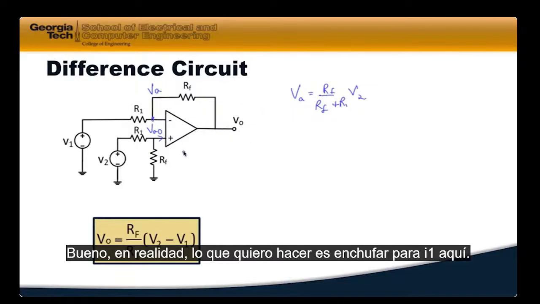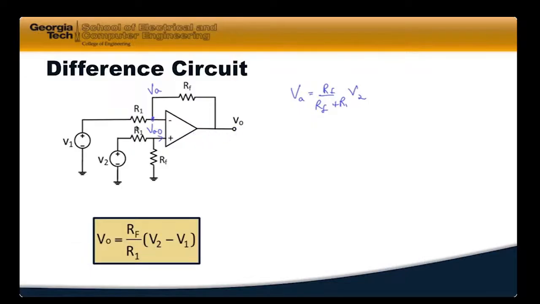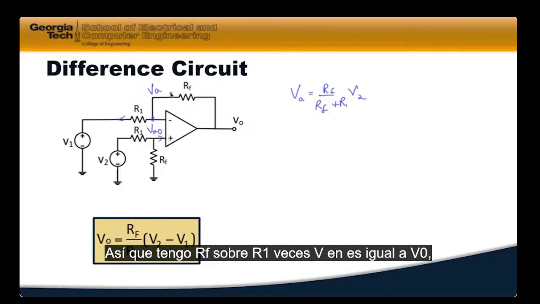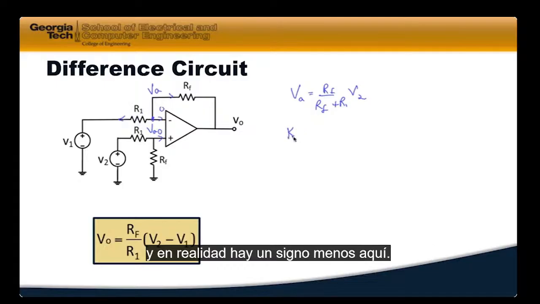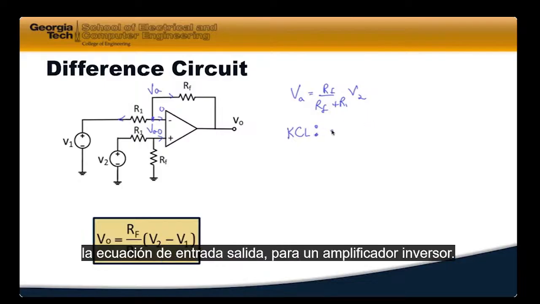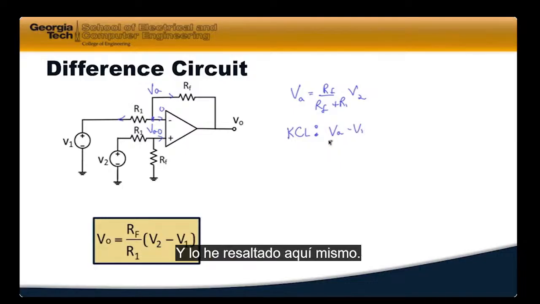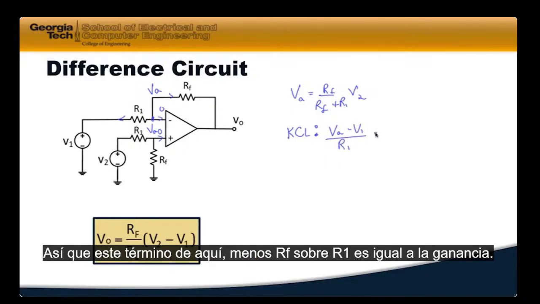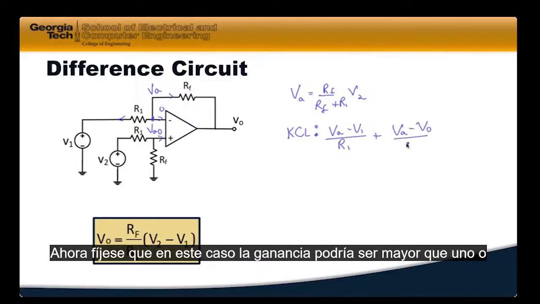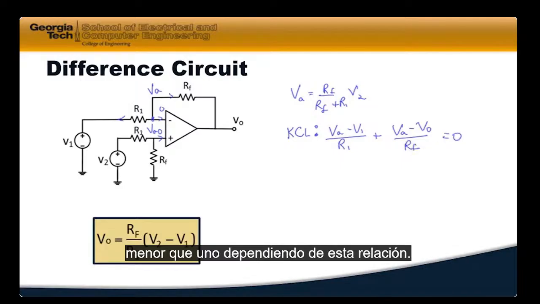At this point, I can do a Kirchhoff's current law. Since there's 0 current going through here, the currents have to match between these two branches. So with the KCL at that upper branch, the input terminal, I have VA minus V1 over R1 plus VA minus V out over RF has to equal 0.